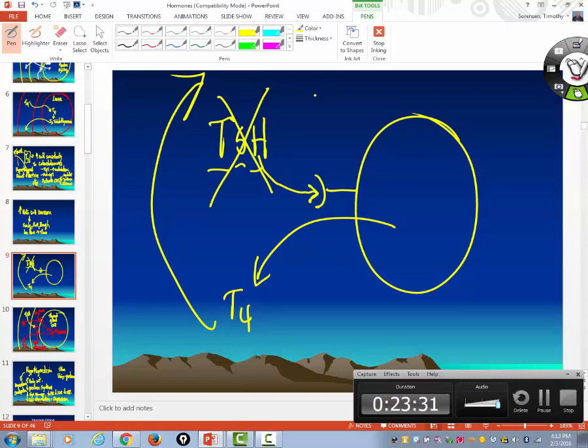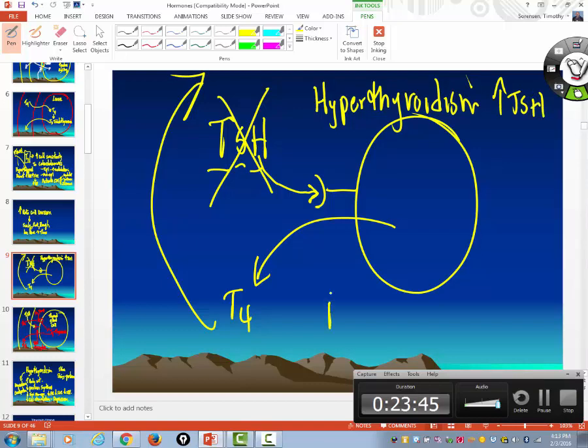So in hypothyroidism, low thyroid, their TSH will be elevated. In hyperthyroidism, the thyroid gland is pumping out T4, it's going to get converted to T3 in your liver.